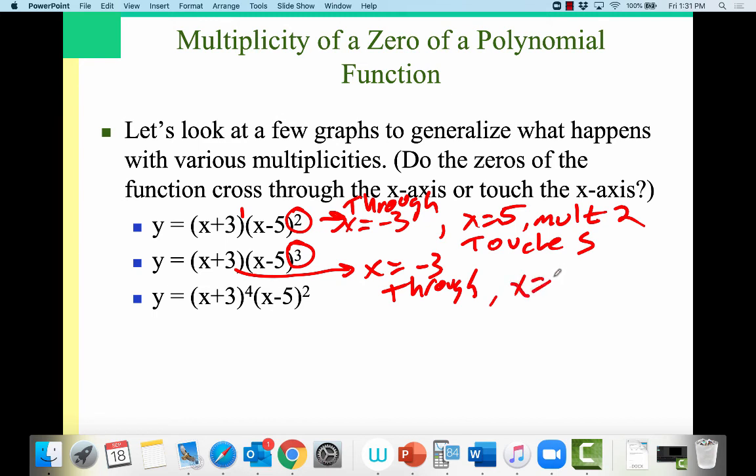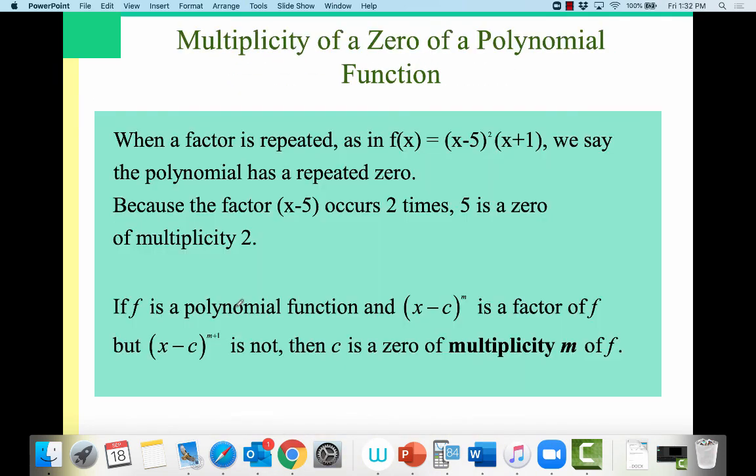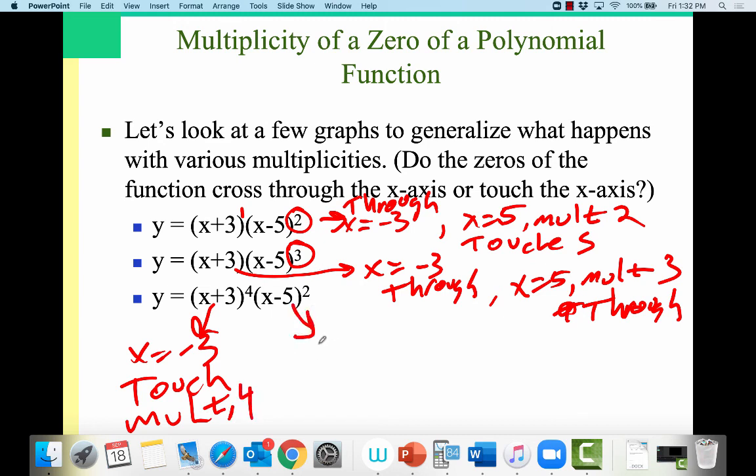Then we had x equals 5, multiplicity of 3, and that also goes through because it's odd. And then this one would be x equals -3, and that would touch because it's got a multiplicity of 4. And this one would also just touch and bounce off, and that has multiplicity of 2.